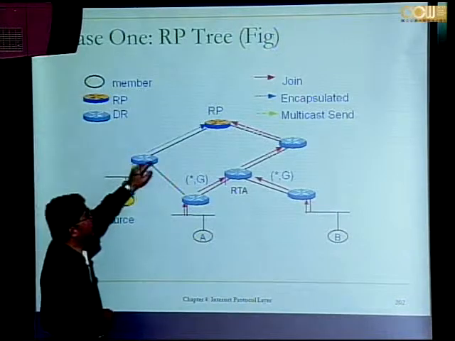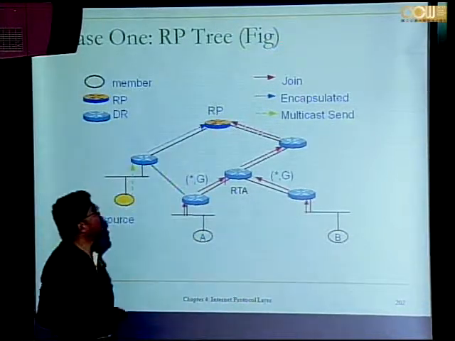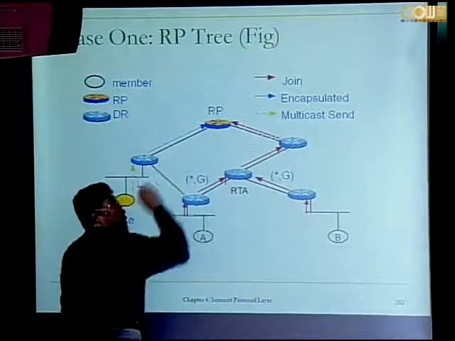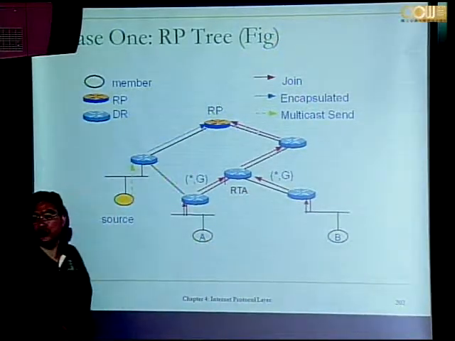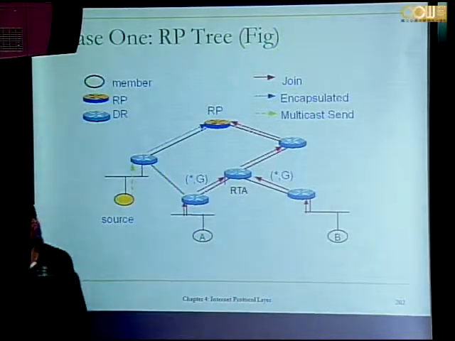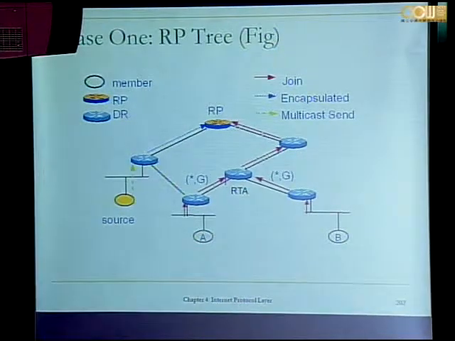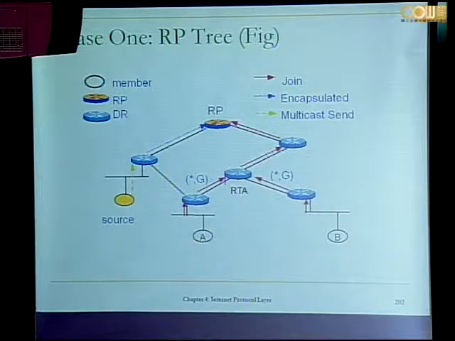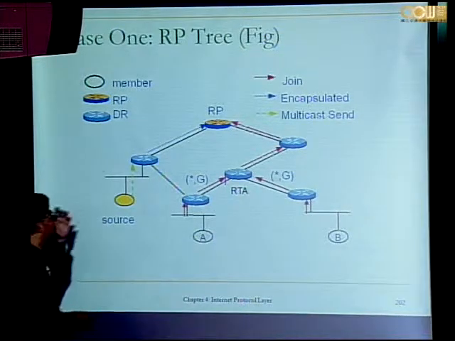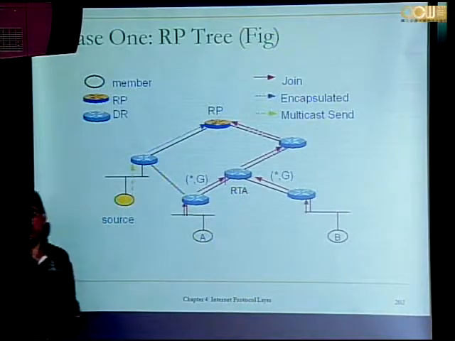It needs to send a packet to this router, and there could be other routers in between. So how does this router send a packet to that router if they are multiple hops away? You do IP tunneling. It means that you put another IP header.